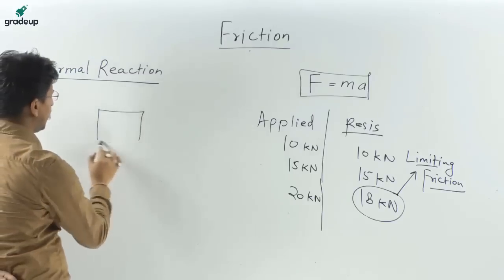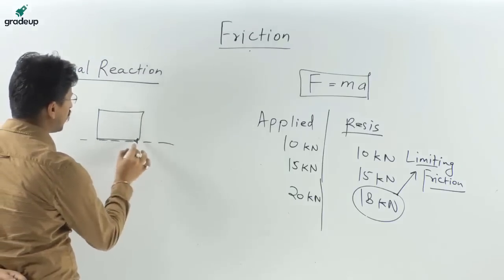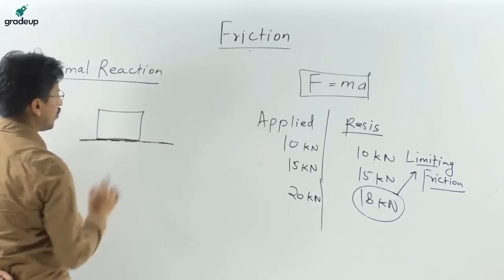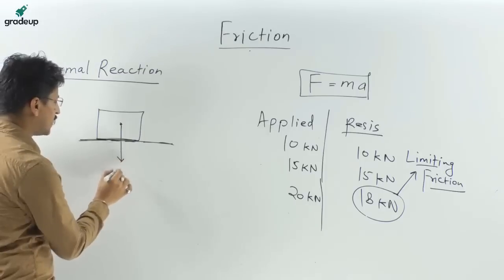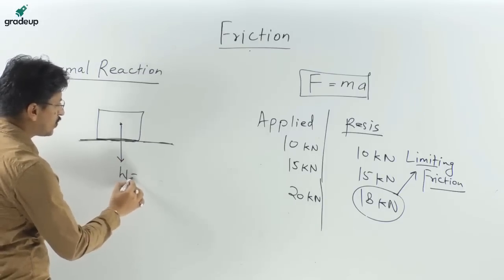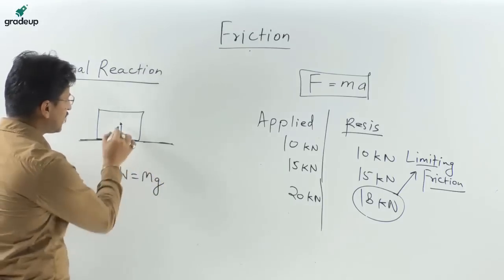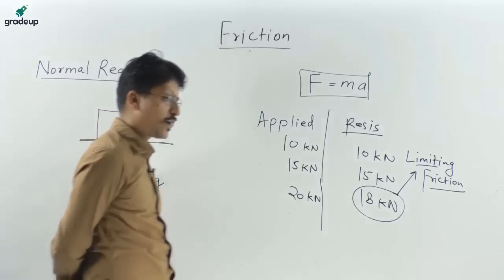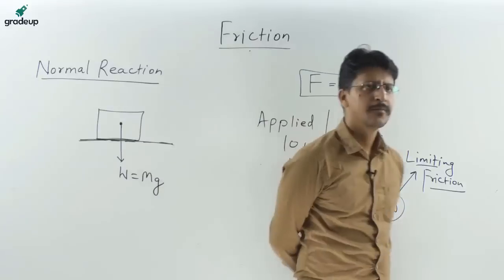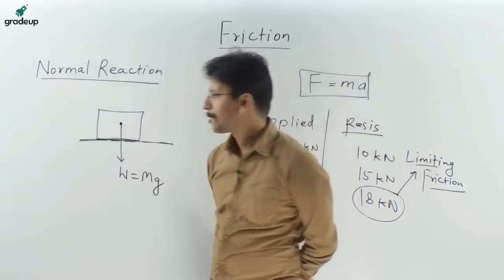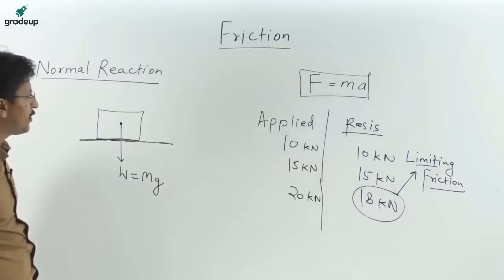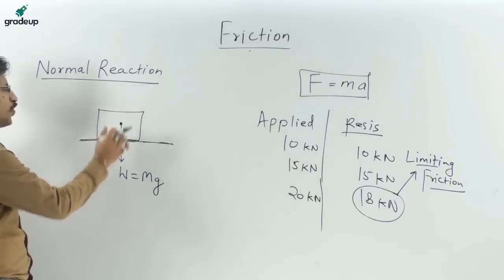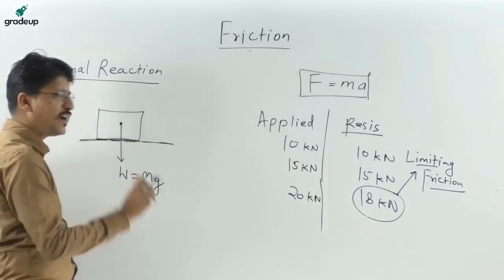If this is a body resting on a horizontal plane, in equilibrium, the weight of the body will always act in the downward direction at its center of gravity. And if the body is in equilibrium, there must be some force counterbalancing this weight.